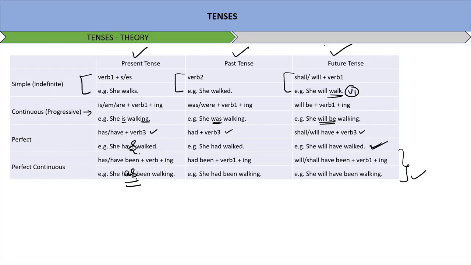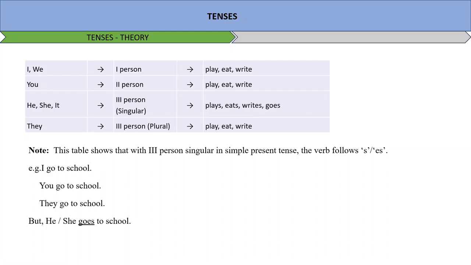Okay, now if I talk about pronouns, this table tells you which pronoun to use where and how to use it. If it is I and we, which is first person, if it is second person you, if it is third person singular, third person plural, if it is first person singular or plural, you will use what?